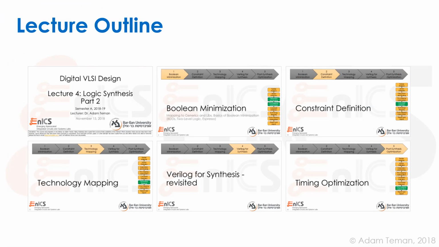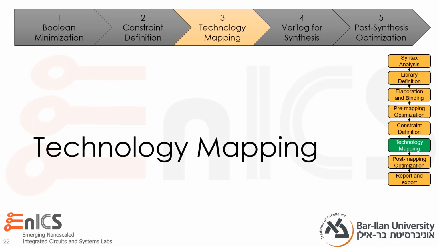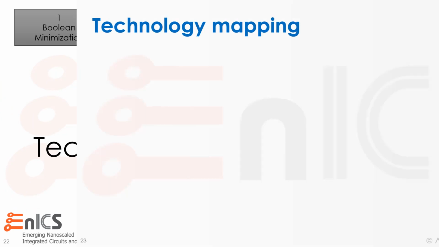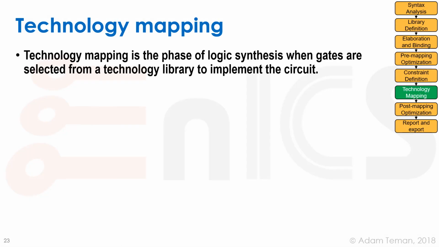So that leads us to the next stage of synthesis, which is technology mapping. Technology mapping is the phase of logic synthesis when the gates are selected from a technology library to implement the circuit. In fact, up till now, all we had was a generic representation. It could be in the form of some sort of Boolean logic, such as a BDD.